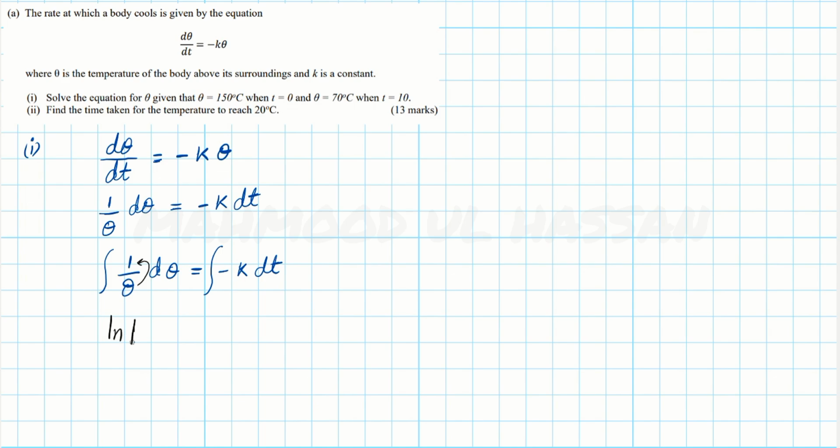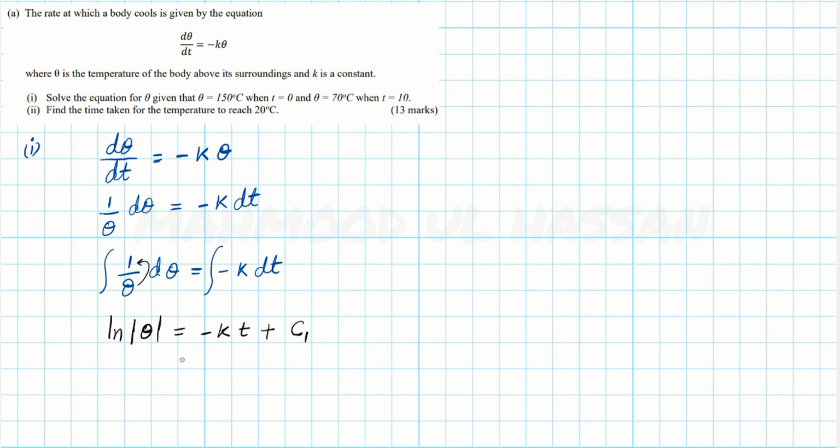So that is the natural log of theta equals minus k times t, as minus k is a constant, so the integral of 1 with respect to t is basically t, and then you have to put the constant of integration, let's say that is c1.